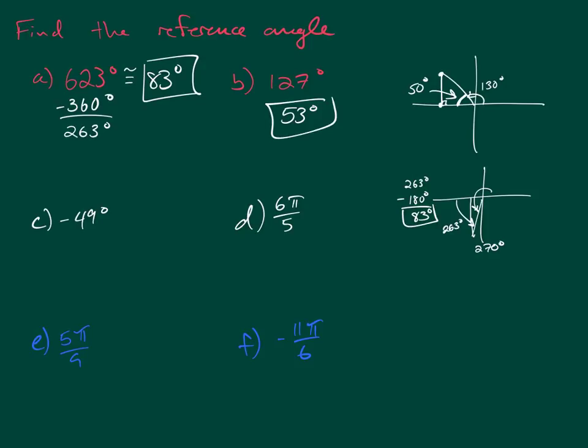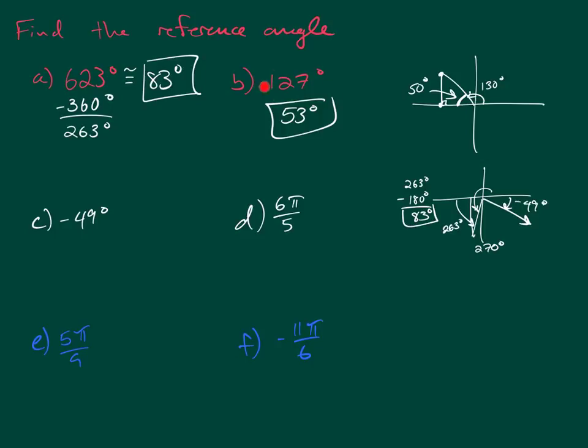And finally, this negative 49 degrees here. Negative 49, that would be something like this. I want to find a coterminal angle that is within the first 360 degrees. I don't want something that's bigger than 360 degrees. That's why I subtracted 360 in the previous example to find a coterminal angle.